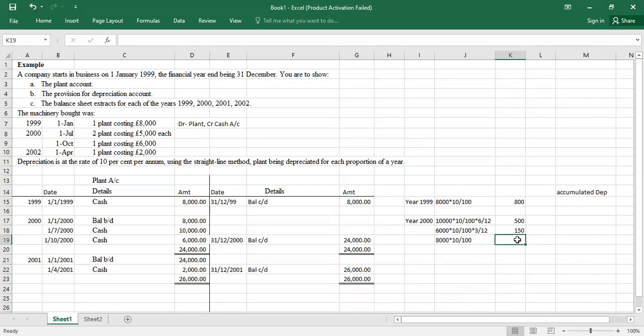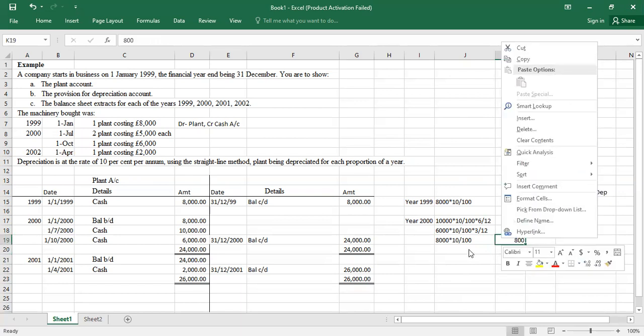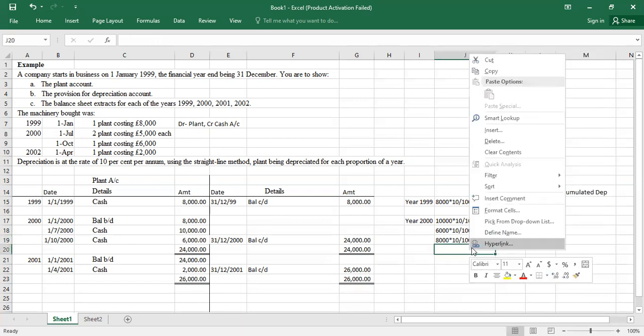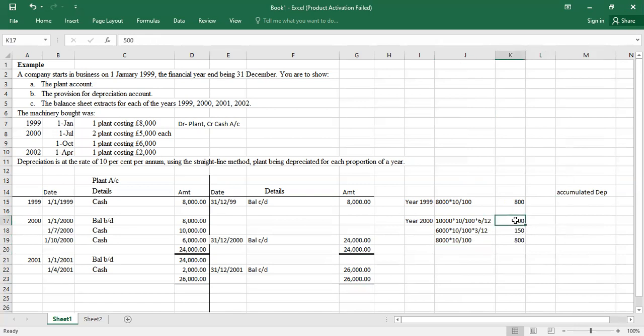Again, I get 800. So my cumulative for year 2000 will be 1,450. The first year I had 800.